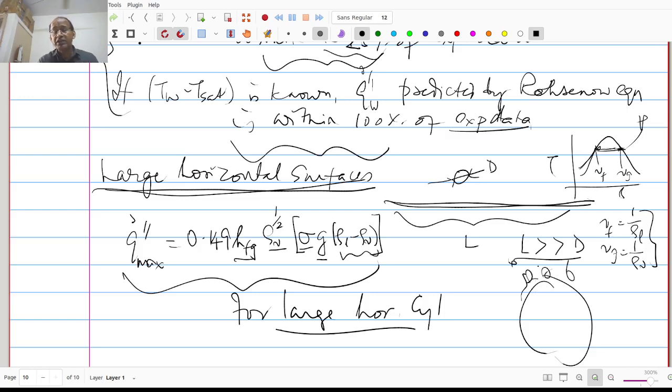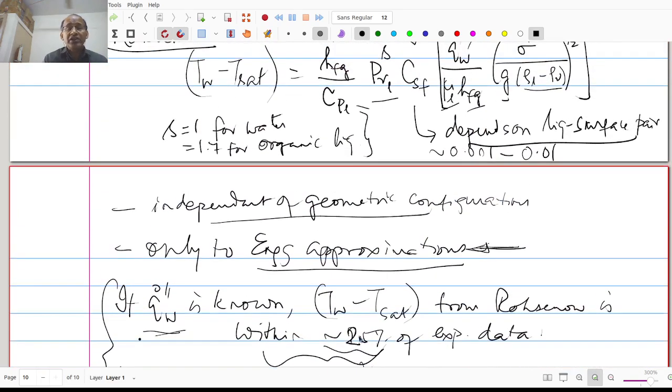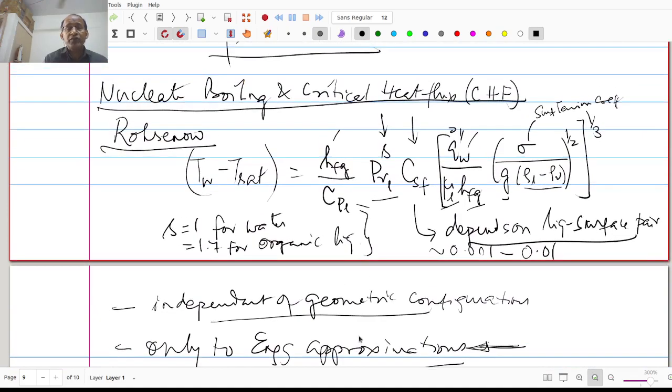For this kind of surface system, a large horizontal cylinder, you replace this 0.149 by 0.116. The rest of the expression remains the same. So this is basically the discussion about the correlations that we use for nucleate boiling and critical heat flux.